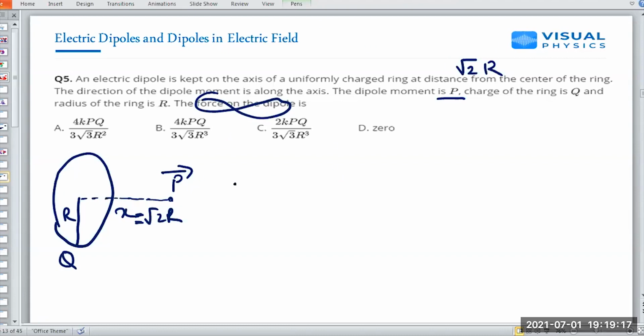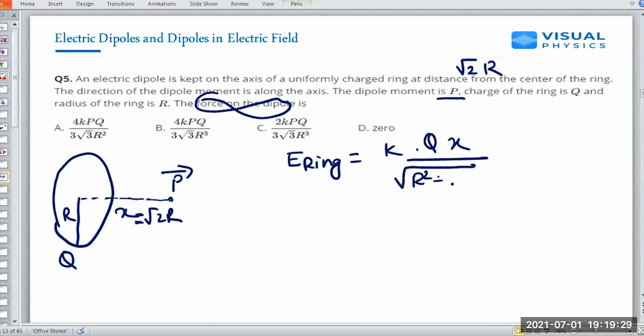So again, the key point is the electric field due to the ring. We have already seen that E ring will be given as K Q X upon under root of R square plus X square whole cube. We know this formula. But this is not constant.